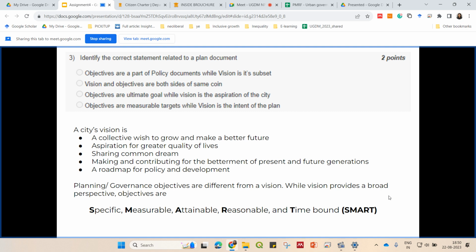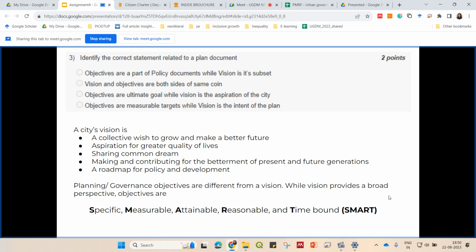It is an aspiration for greater quality of life of the citizens of the city. It is sharing of a common dream between all of the citizens and the other stakeholders involved. It is aimed at contributing to the betterment of the present citizens of this city and even of future generations. So a vision is something which is more far-sighted.